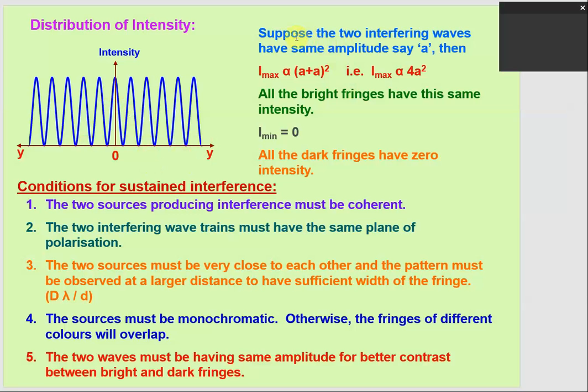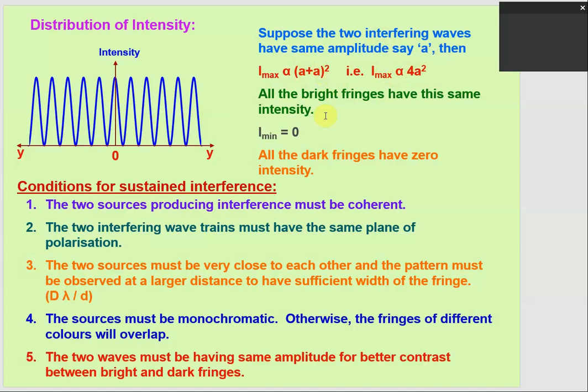Suppose that the two interfering waves have the same amplitudes, because intensity depends upon the square of the amplitude. So maximum intensity will be directly proportional to A plus A, as we have already discussed, to the square, so it becomes proportional to 4A square if the two interfering waves have the same amplitude.